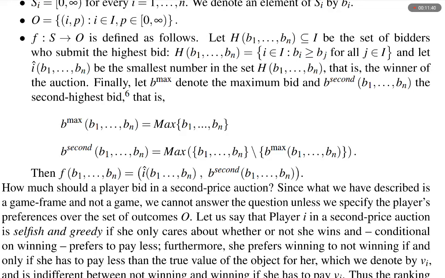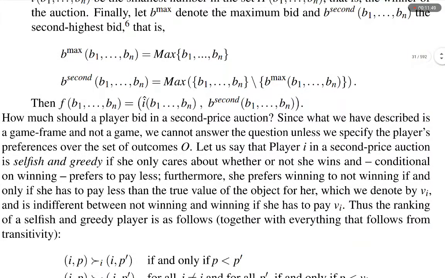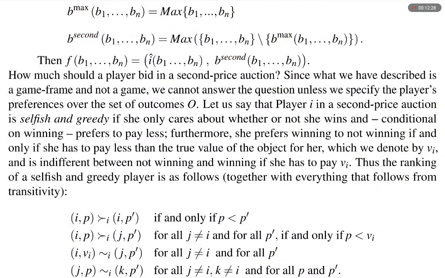That is, b^max(b_1, ..., b_n) = max{b_1, ..., b_n}, and b^second(b_1, ..., b_n) = max of the set {b_1, ..., b_n} minus the set {b^max(b_1, ..., b_n)}. Then F(b_1, ..., b_n) is equal to (î(b_1, ..., b_n), b^second(b_1, ..., b_n)).